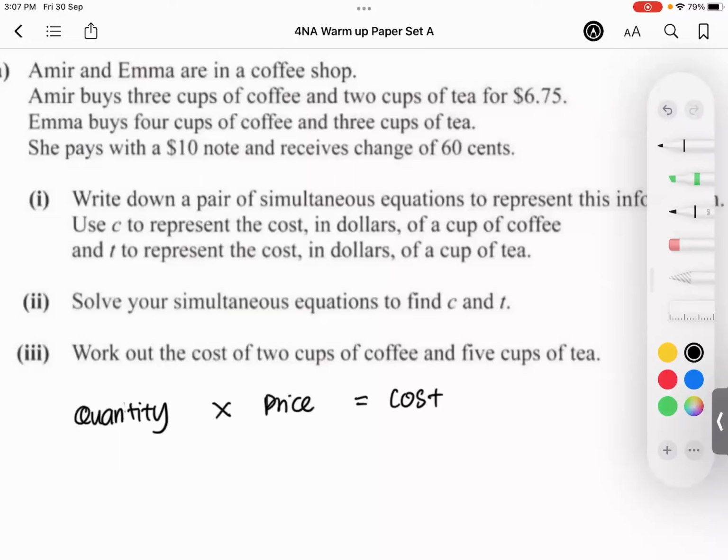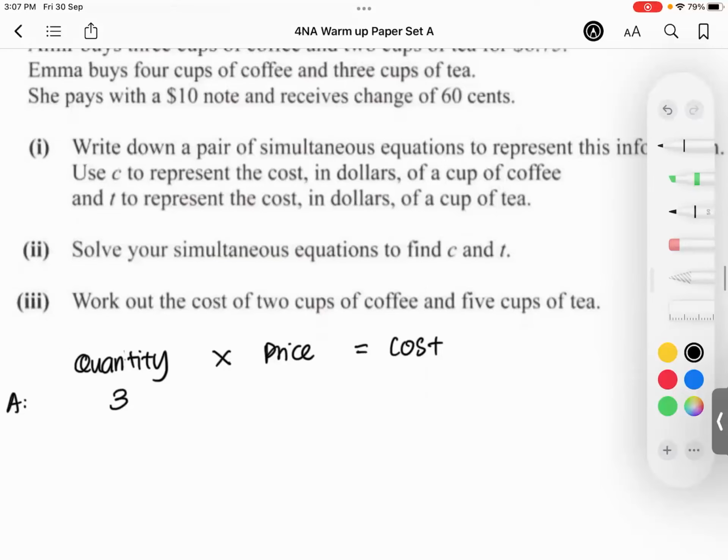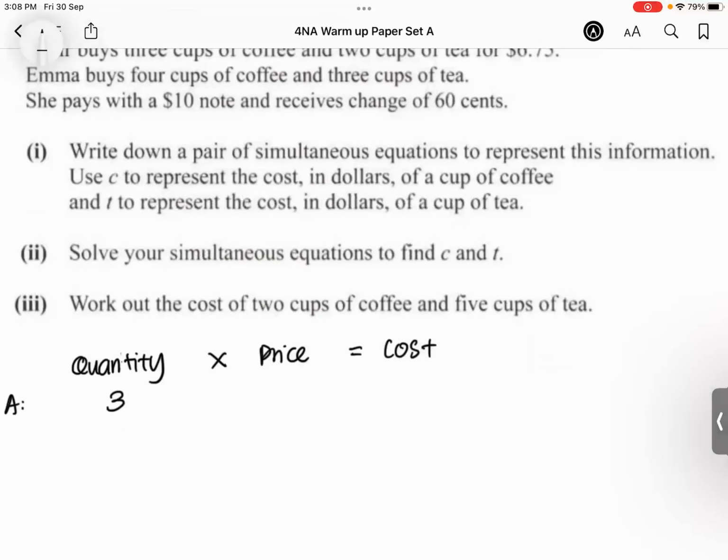So for Amir, he buys 3 cups of coffee, 2 cups of tea. This one got coffee and tea, so I need to have a different way.